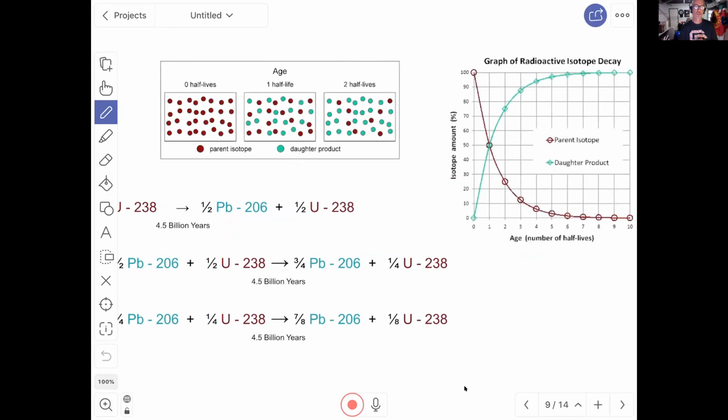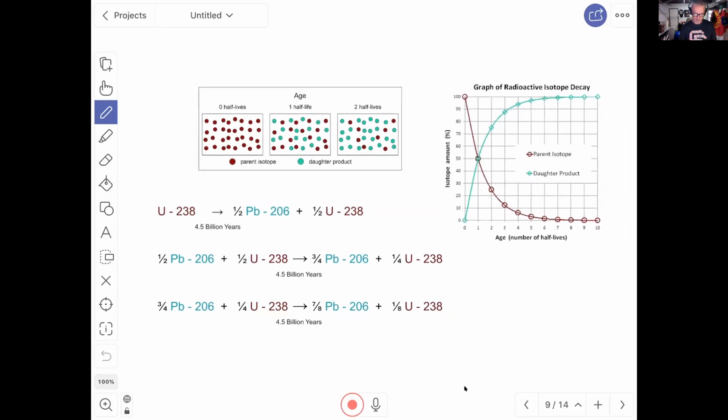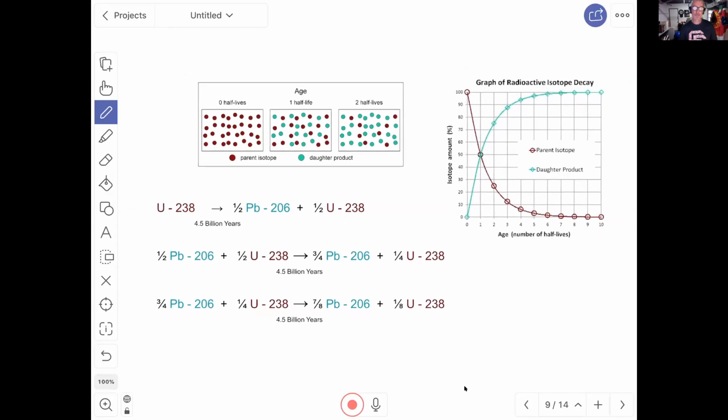All right, so let's take a look at this. This looks complicated, but I'll explain it to you. I think you'll be able to get it. So if we look over here at this bunch of atoms, this would represent the rock when it first formed, and all the uranium is uranium. It hasn't decayed yet. This would be at time 0.